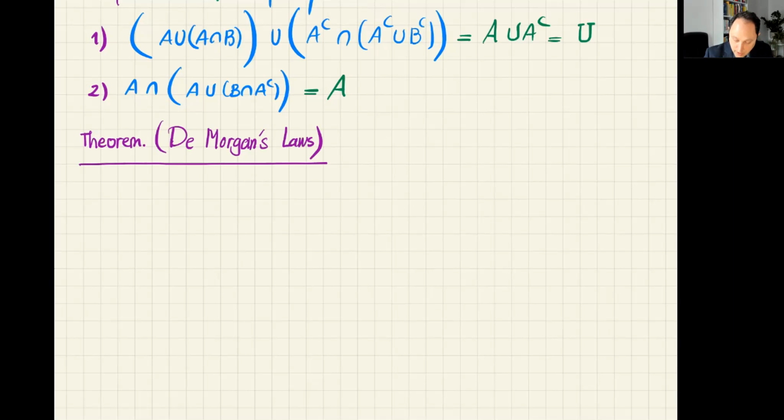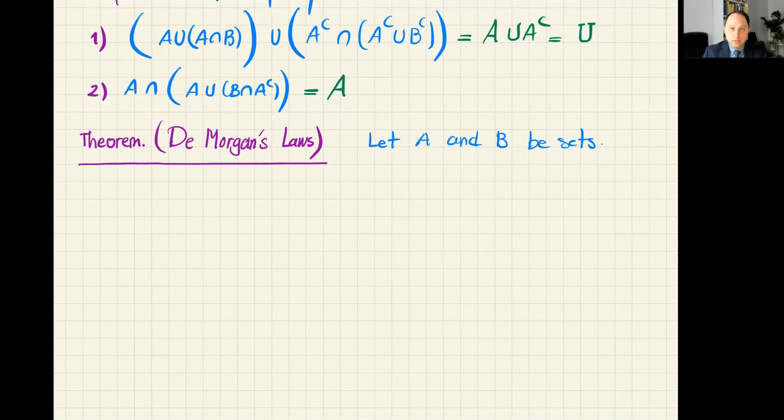Let A and B be sets. This tells you how to find the complement of a union or the complement of an intersection. There are two laws.